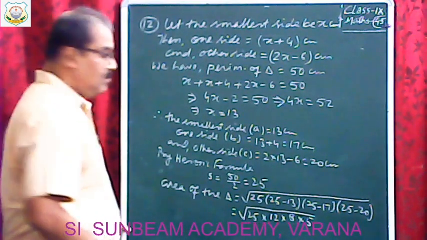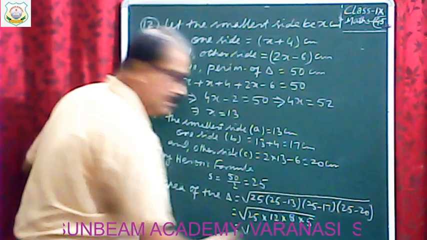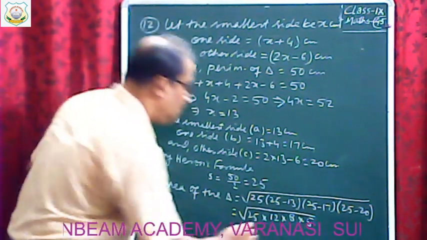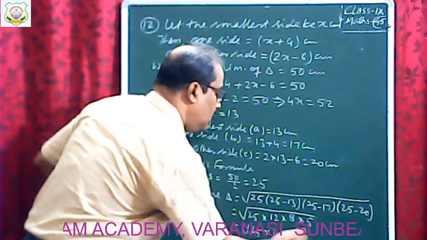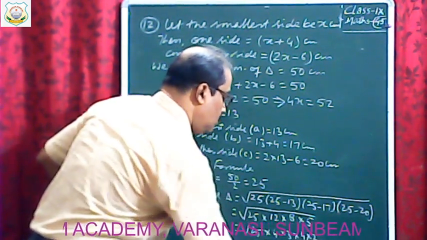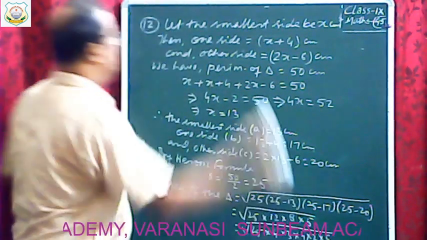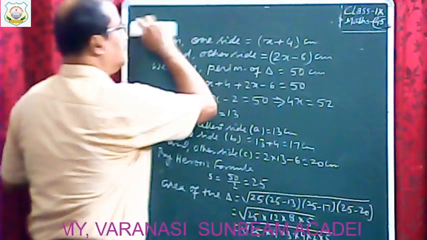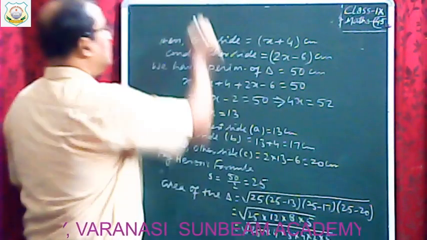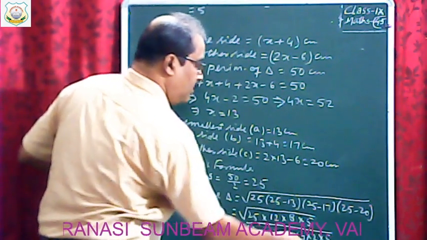Now again you have to calculate. Visible or not, 25. 12 means 4 into 3. 8 means 4 into 2. Finally, what we get? 5. Okay, you get a pair of 4.